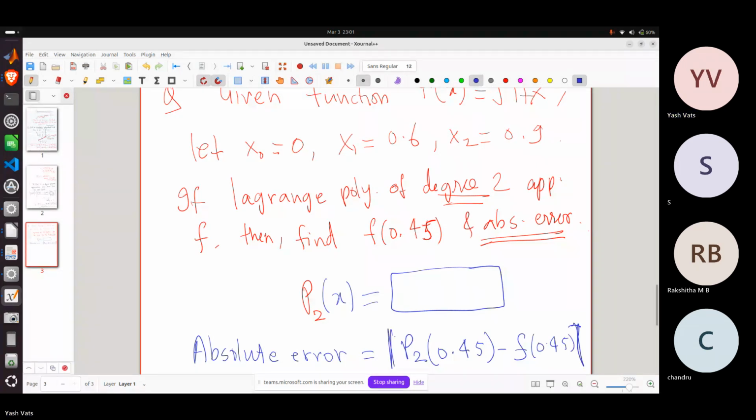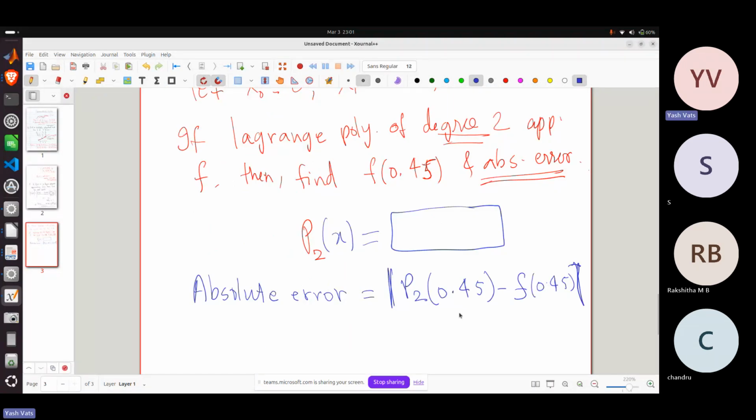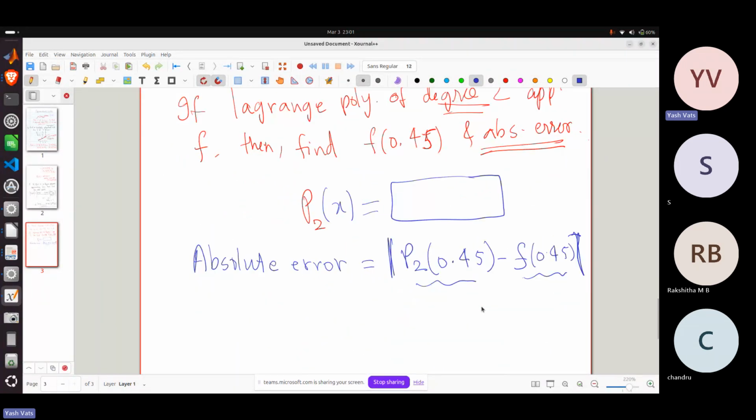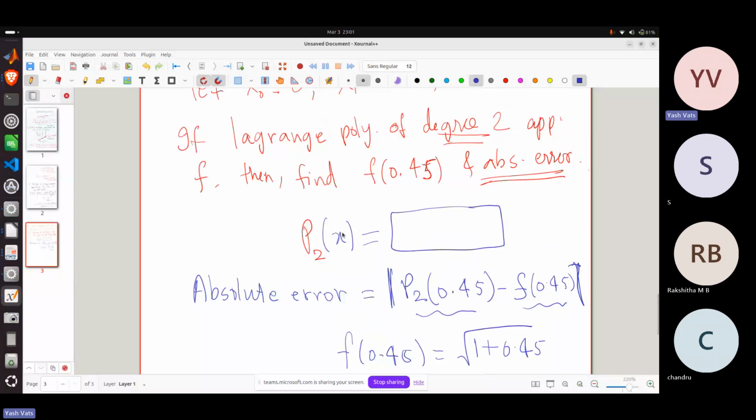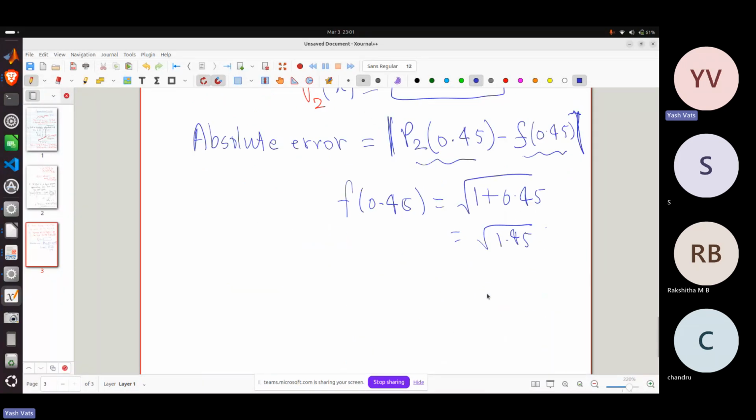And in this case, F at 0.45 is just under root of 1 plus 0.45, which is under root of 1.45. So you can easily calculate it, and you just try to find out what is P2 at this point, and then you are done.